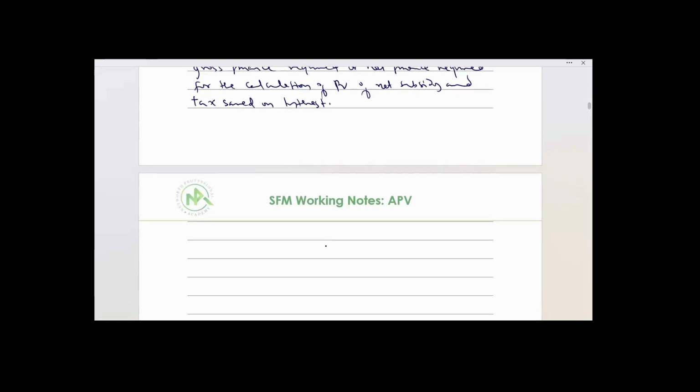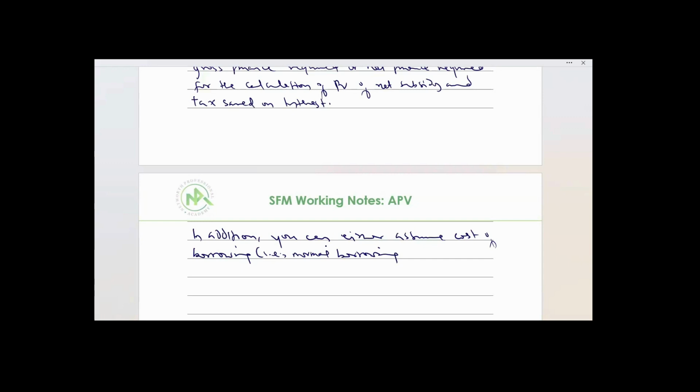In addition, you can either assume cost of borrowing, that is normal borrowing rates, your interest rates.